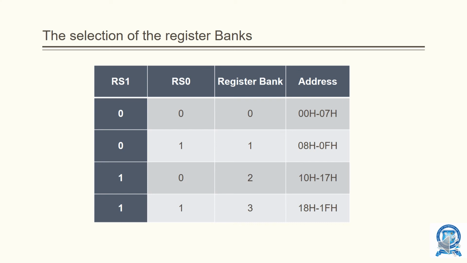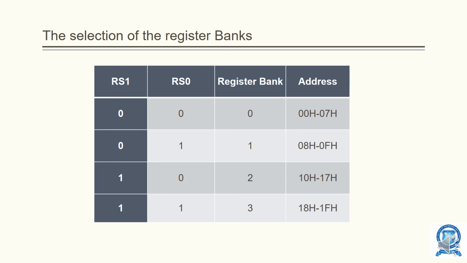If RS1 and RS0 are both 0, register bank 0 will be selected, and the corresponding address will be 00H to 07H. In the second case, RS1 is 0 and RS0 is 1, then register bank 1 will be selected, and the corresponding address will be 08H to 0FH.